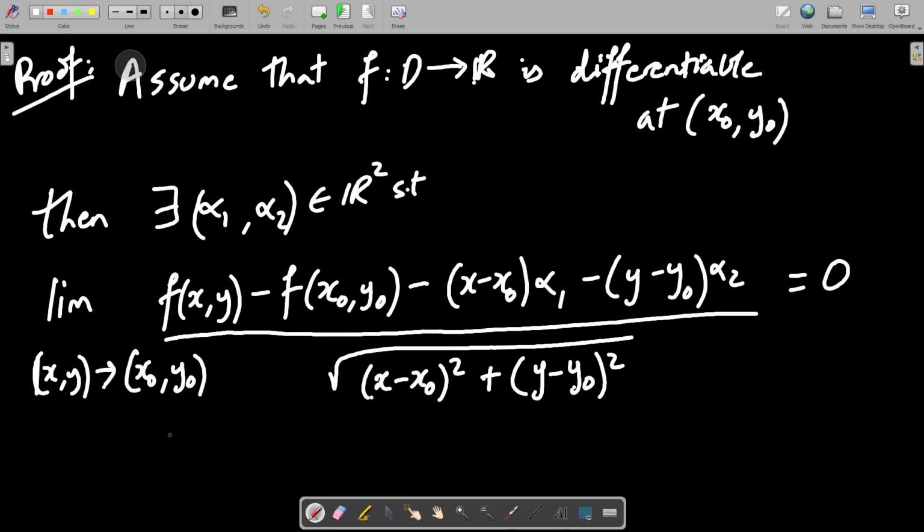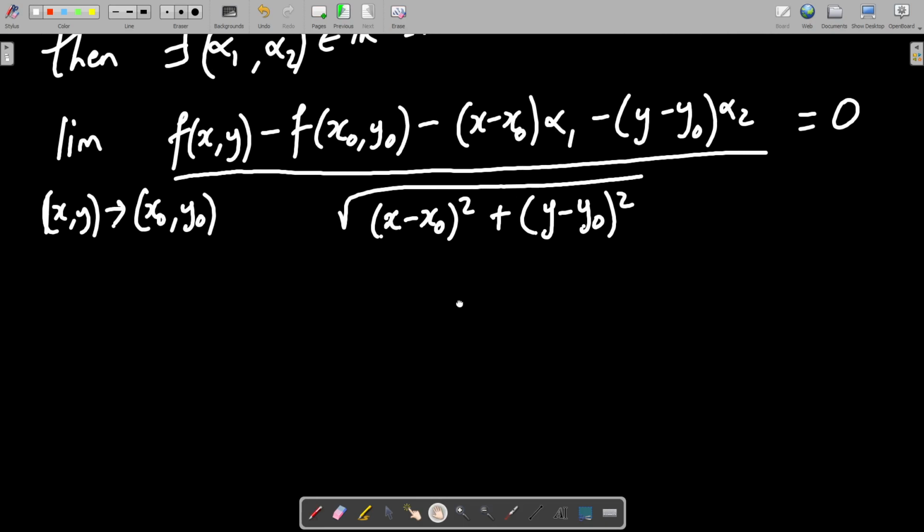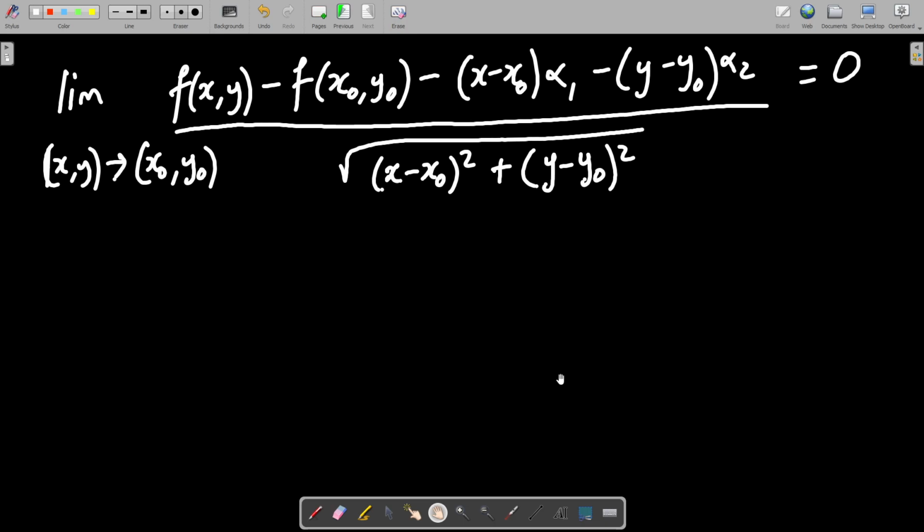So this is the definition which I have just used. For the sake of simplicity, because I have to do a lot of simplifications here, I'll just rename the numerator and give it a new name.